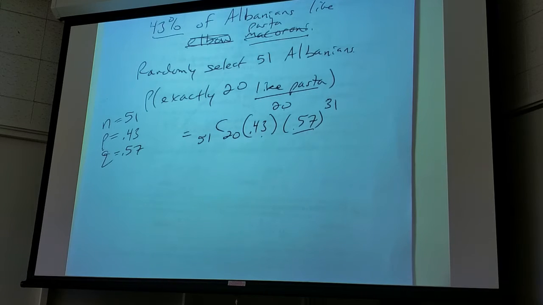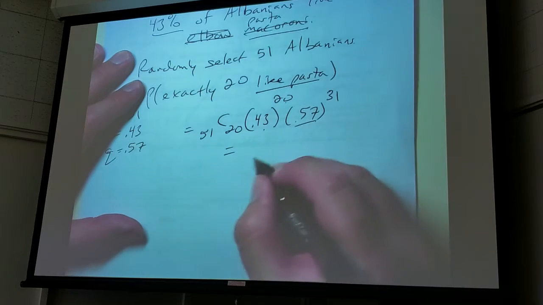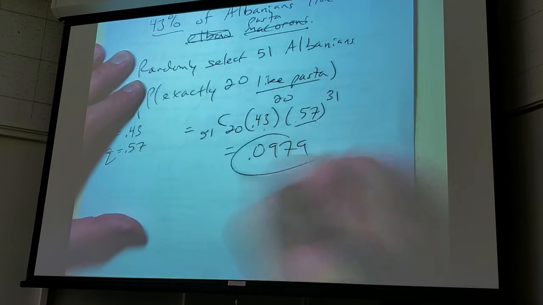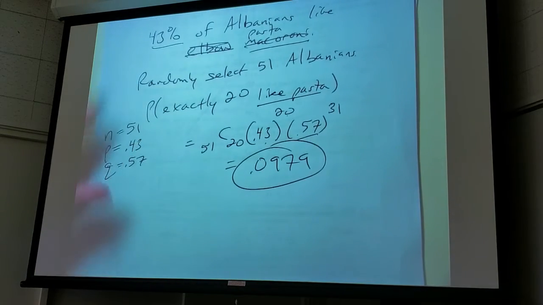Anybody think they got the answer? What do you got? I got 0.0979. Yeah, right. 0.0979, yes. So just under a 10% chance that exactly 20 Albanians will like pasta.